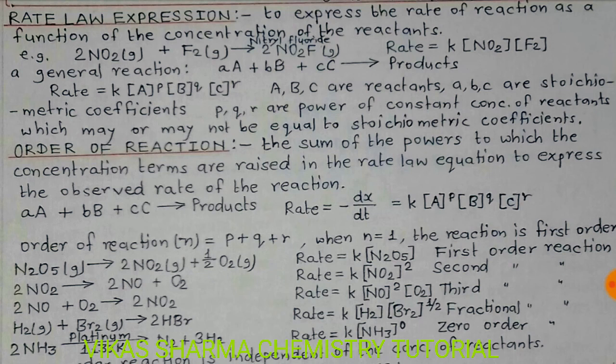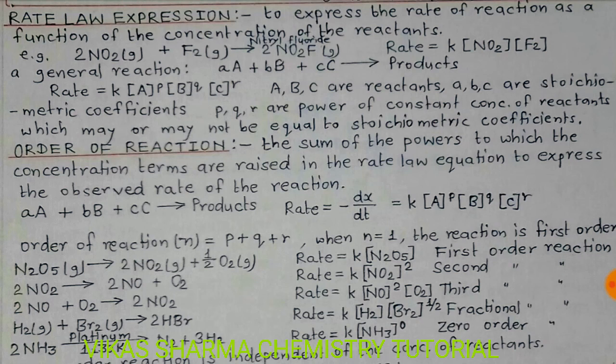So it depends on the powers they have, and the sum tells us the order of reaction. For example, N2O5, dinitrogen pentoxide, gives 2 moles of nitrogen dioxide and half a mole of dioxygen gas. So the rate of the chemical reaction is equal to the rate constant k times the N2O5 concentration.